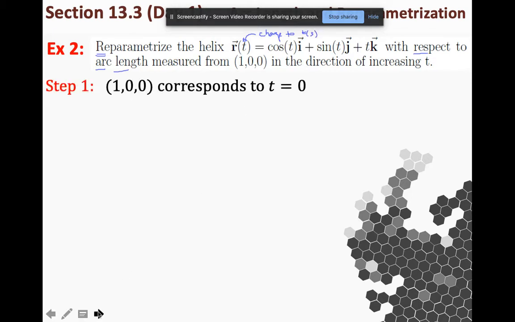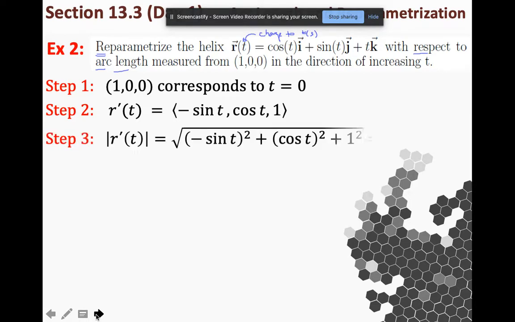So step 1, there's my initial condition, or my initial position, I'm sorry, at t equals 0. Right, I had to figure out 1, 0, 0. Do you see where I got t equals 0 from? Here's t. T is in front of k. They told me k was a 0, so t had to be 0. So that's my starting point.